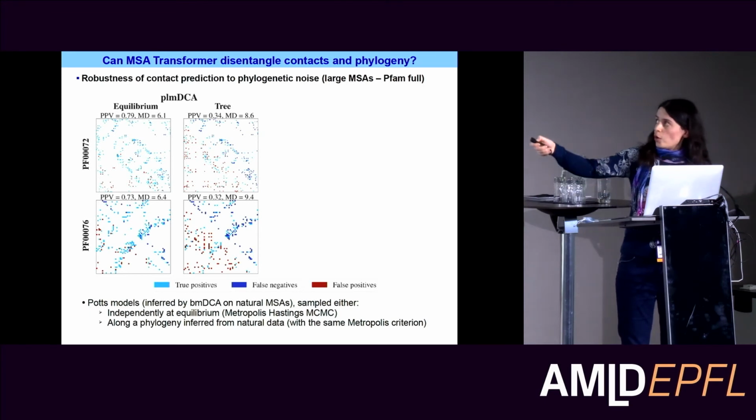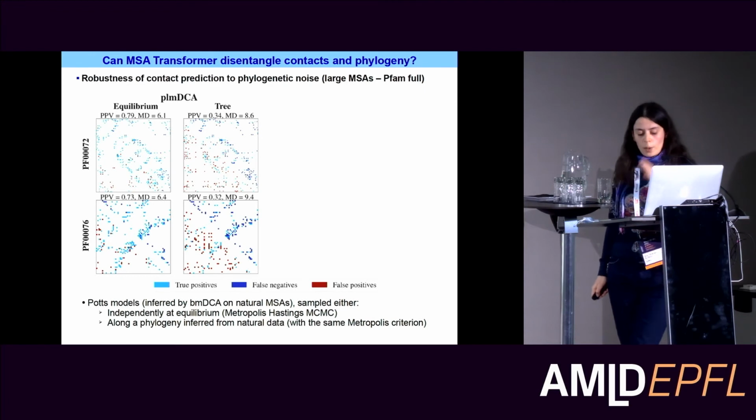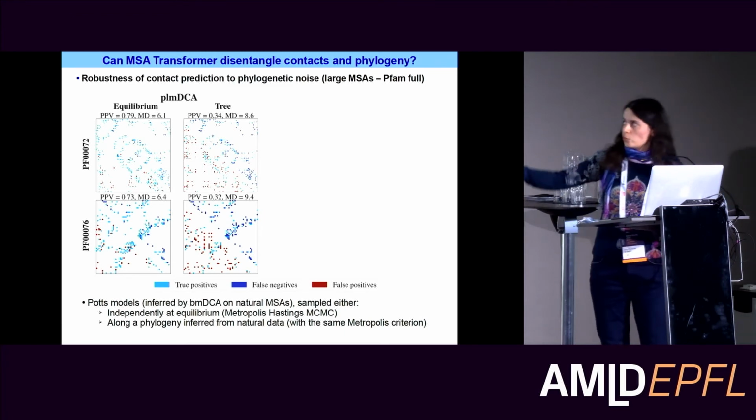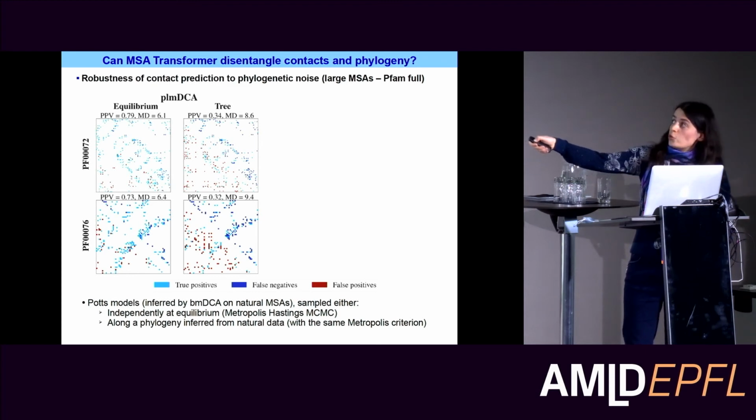So here, on this left-hand side, we are showing data which was generated by Metropolis Hastings Monte Carlo sampling at equilibrium, and all sequences are independent, and here they are generated along a tree. We are showing here the reproduction of the contact maps. The upper triangular parts are the ground truth contact maps that we want to predict, and the lower triangular parts are the predictions.